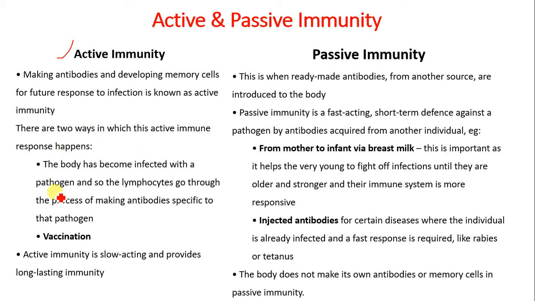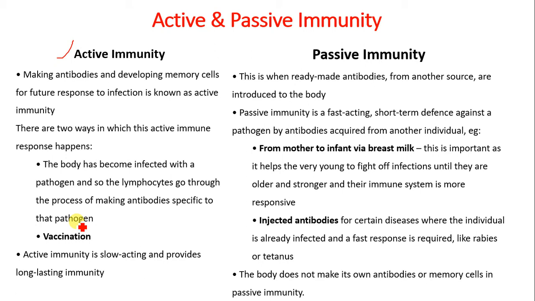First, the body becomes infected with a pathogen, and so lymphocytes go through the process of making antibodies specific to that pathogen. Once it does that, it will make memory cells.